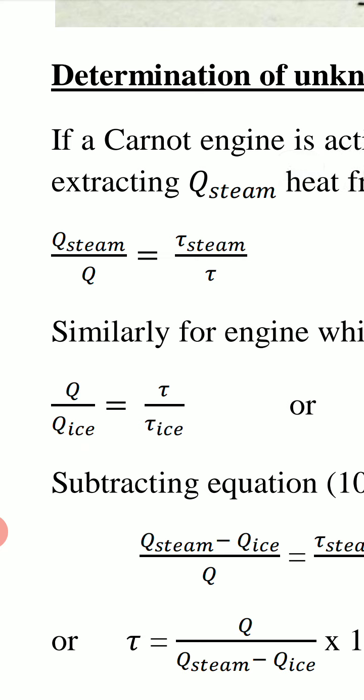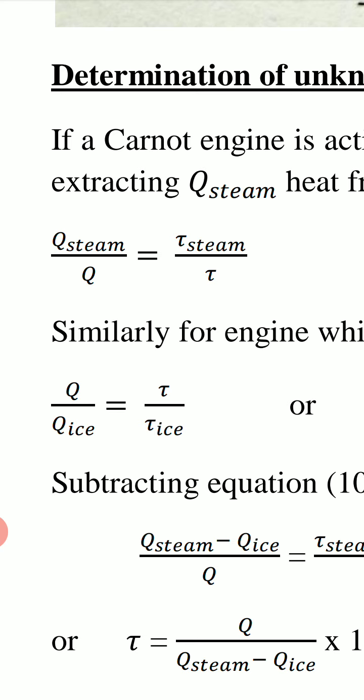Now this Carnot engine is working between two temperatures on the absolute scale, that are tau steam and tau. Tau steam is the steam temperature and tau is the unknown temperature. So the ratio of these two temperatures will be equal to the ratio of these heats, that are Q steam and Q. Q steam is the heat extracted from the source of temperature tau steam.